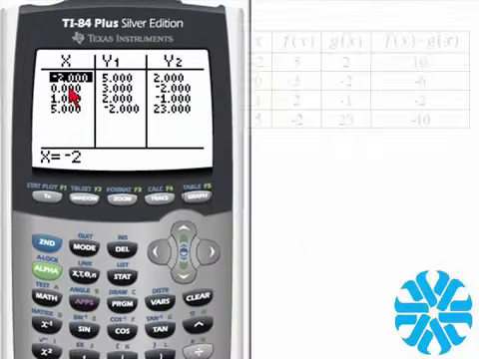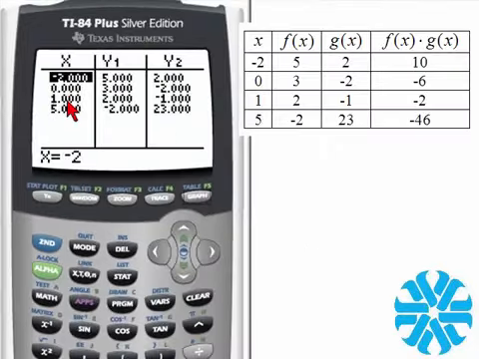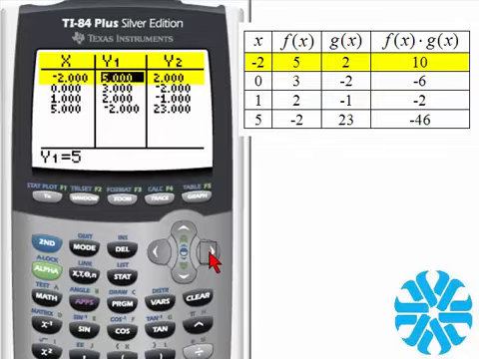So the same thing, let's go to the table. Recall that we have already selected our values for x, -2, 0, 1, and 5. So these values will remain the same for y1 and y2. What's going to change are the values at y3. So if we scroll over to y3, we should see the product of y1 and y2. So 5 times 2 is 10. So if we move over for y3, there it is.